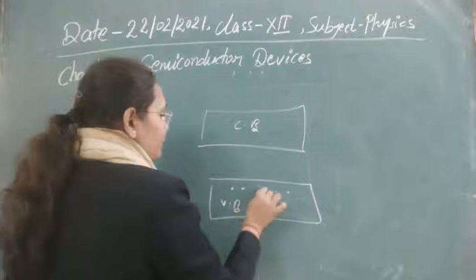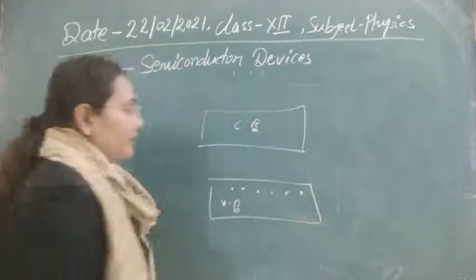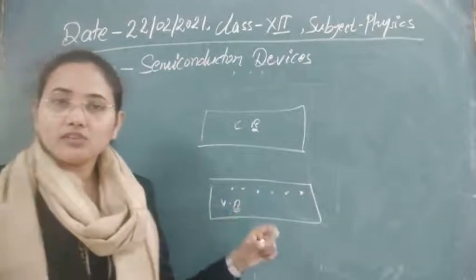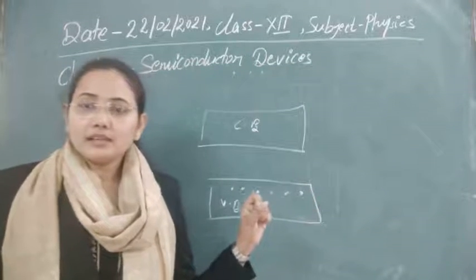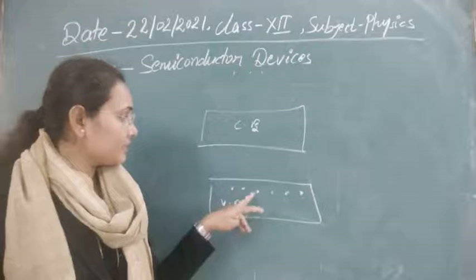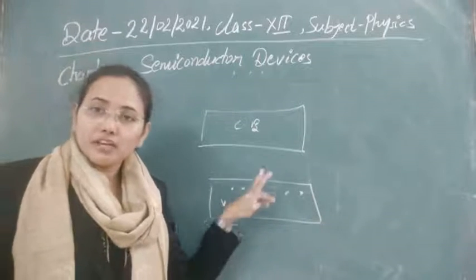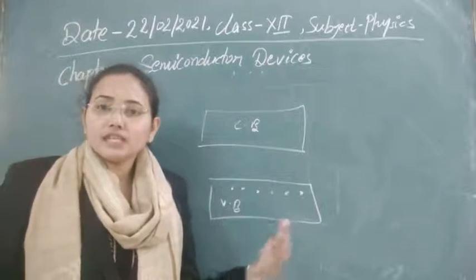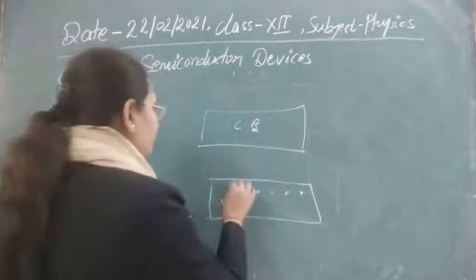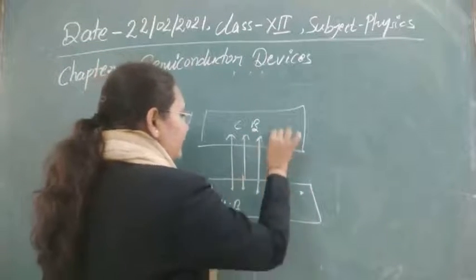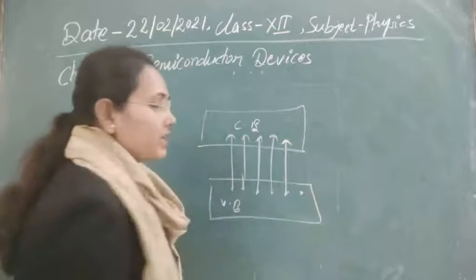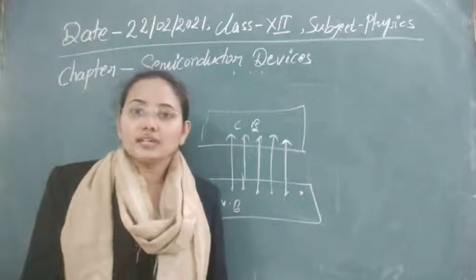Now we apply electrical energy to the circuit, meaning we are just increasing the forward potential. With the increase in potential, electrical energy is supplied to these electrons. Whenever these electrons get sufficient energy, they go to the conduction band, or in spectroscopic terms, they are excited to the excited states.